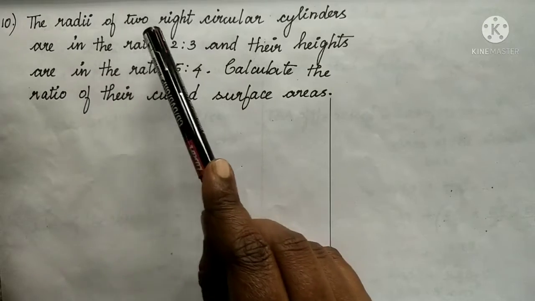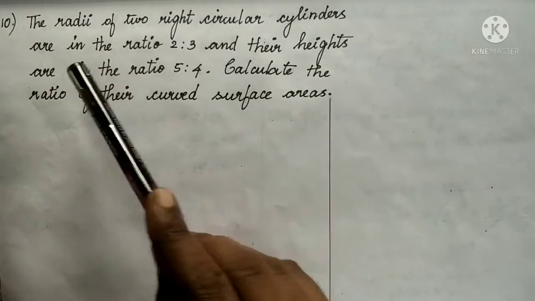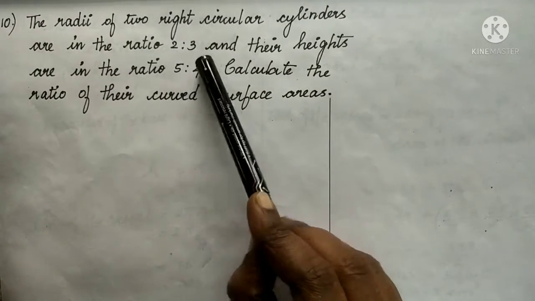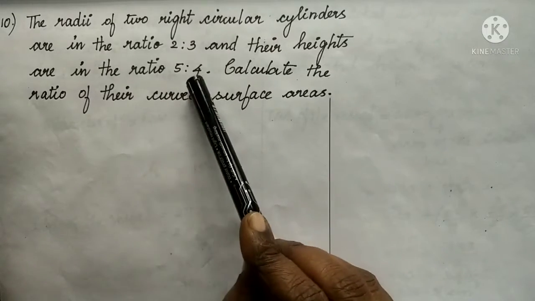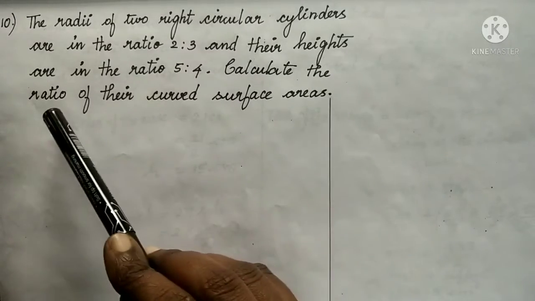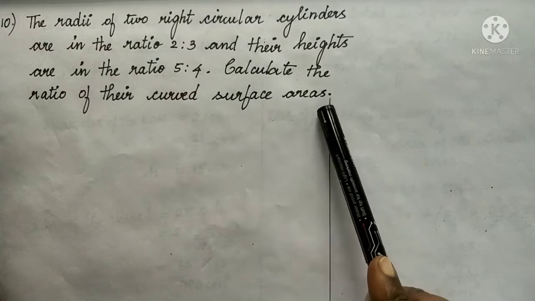Question number 10. The radii of two right circular cylinders are in the ratio 2:3 and their heights are in the ratio 5:4. Calculate the ratio of their curved surface area.